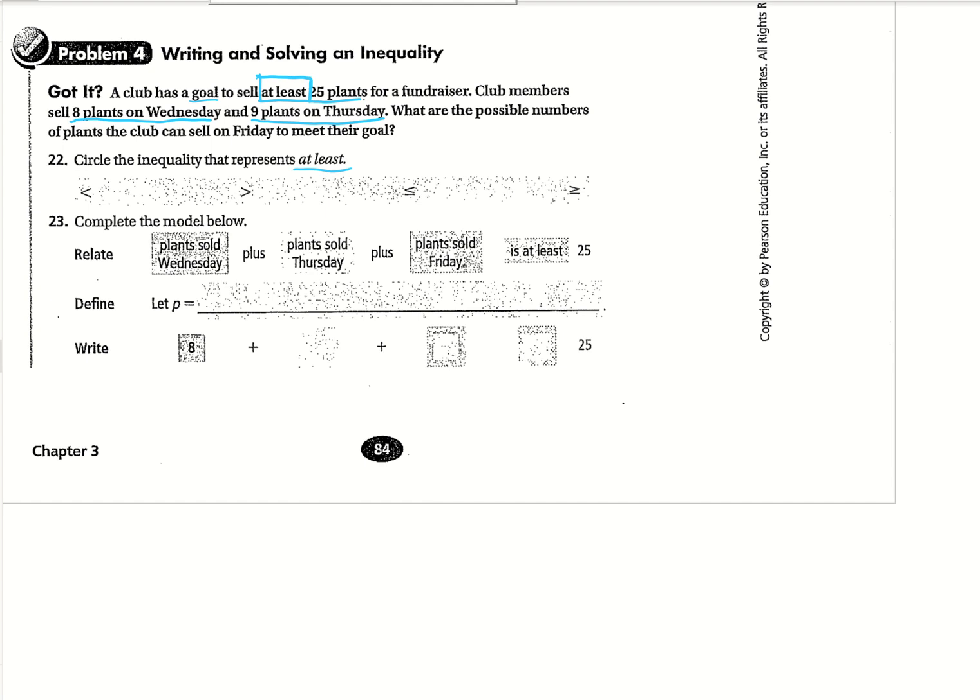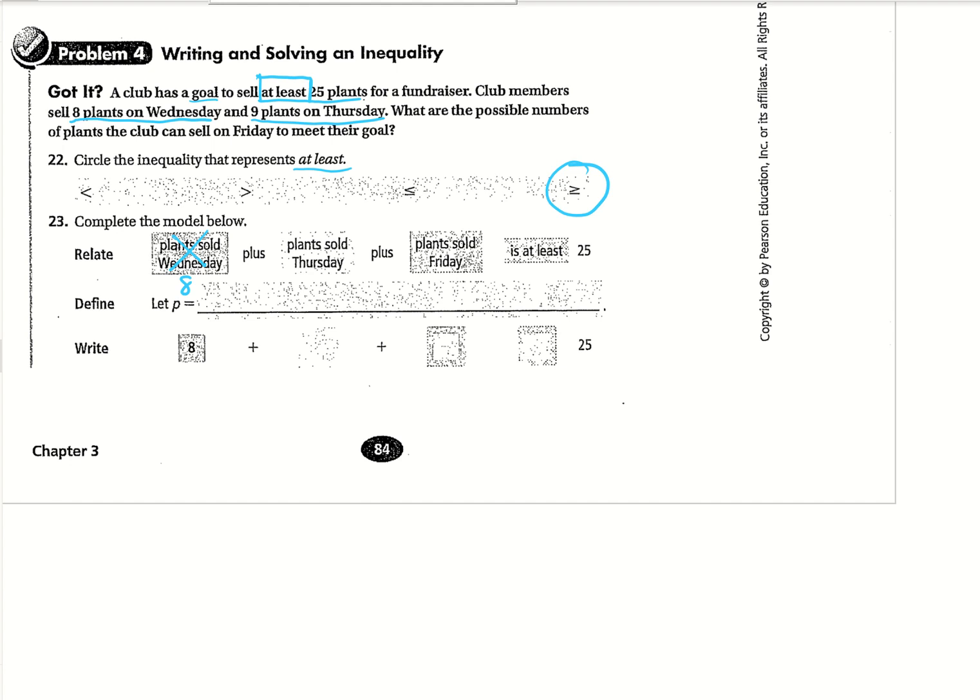So at least is going to be greater than, but it can also be equal to, because when they say at least 25 plants, maybe it's exactly 25 plants. That would still be meeting their goal. So it's going to be greater than or equal to. And then P is going to be, for this one, we already know plants sold Wednesday is equal to 8.